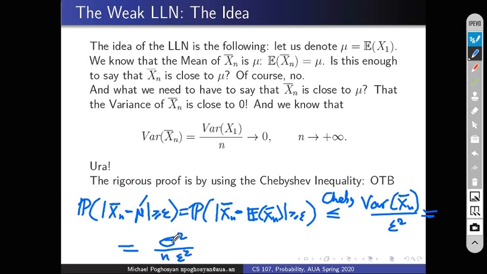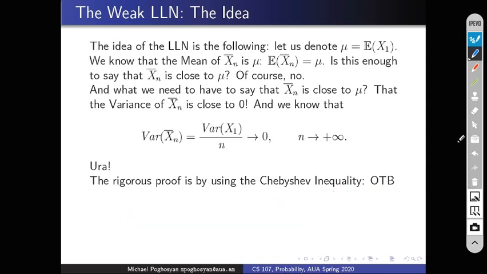The variance of Xn bar is sigma squared over n, the variance of x1 over n. And this tends to 0. So the statement of that theorem is correct. We have proved that Xn bar is tending in probability to mu, the expected value of x1. This is the proof.